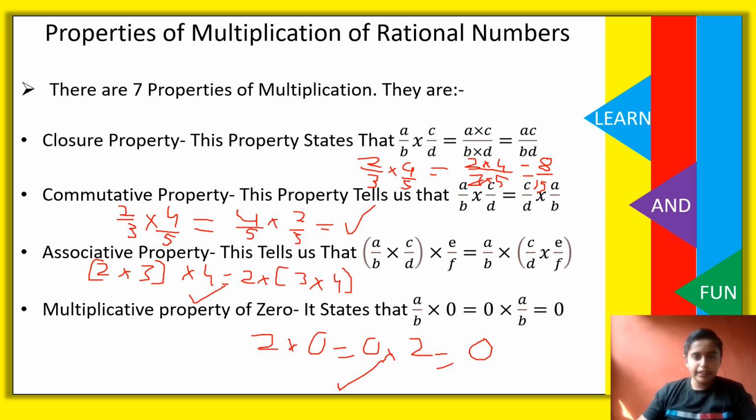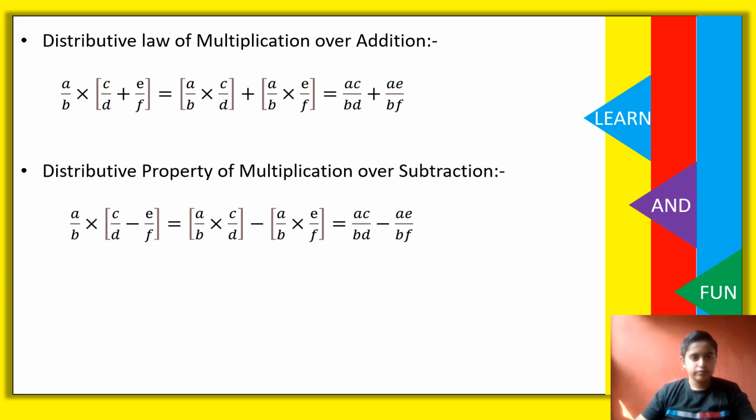So we are left with three properties. Let's move on to our next slide and read them out. So now we have the distributive property, the distributive law of multiplication over addition. What does this say? A upon B into, in brackets, C upon D plus E upon F is equal to A upon B into C upon D plus A upon B into E upon F. So they have distributed it. First they multiplied A upon B with this, and then they multiplied A upon B with this, and then they added both of them.